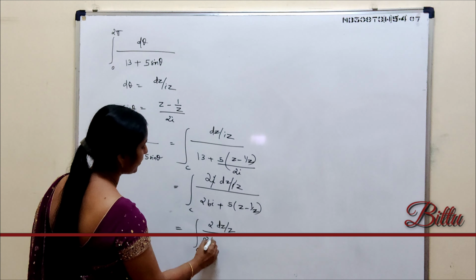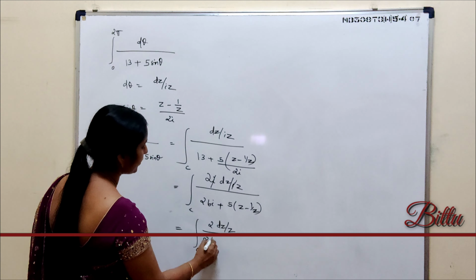So the given integral, or the given question, is now reduced to 2 into integral over c f z dz.